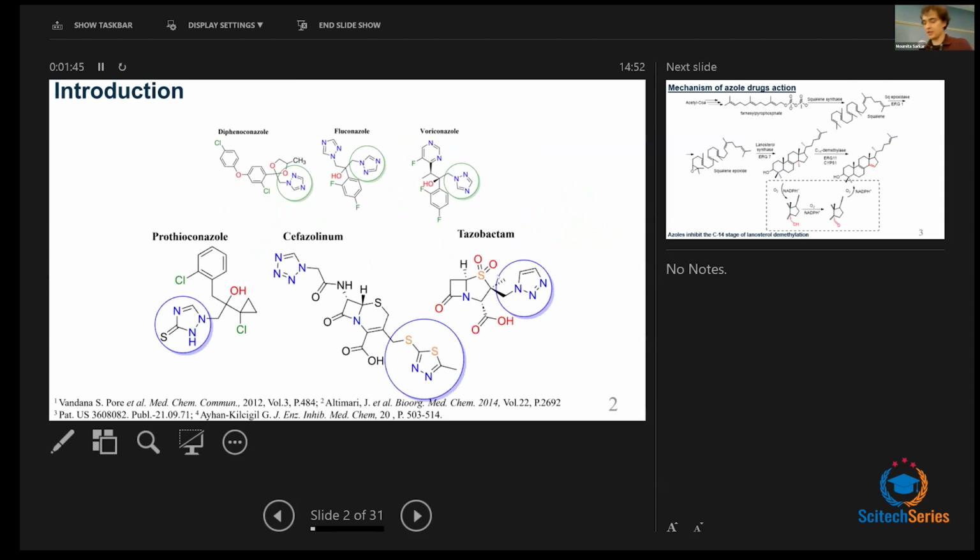Now you can find a lot of interesting molecules at the drug market. For example, containing 1,2,3-triazoles, 1,3,4-triazoles, and some other heterocycles.